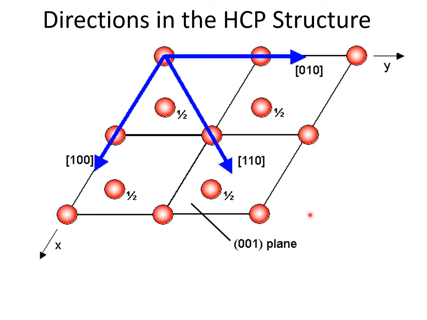Hexagonal unit cell is slightly different. We're looking down on the unit cell here along the c-axis. I can't reverse this, unfortunately. In the record mode, I can't go back to look at previous slides. But imagine that we have a cell, and I'll show you in 3D in a minute.